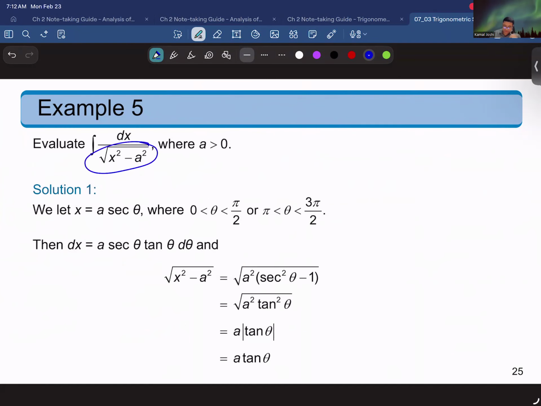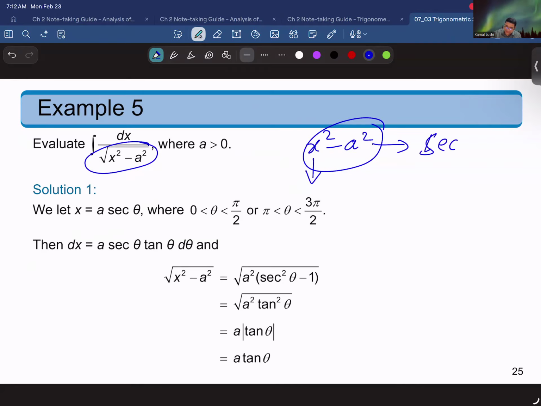And there is one more problem where we'll again use the trigonometric substitution, but at the end, once we get the answer, there is one more step we can simplify, which I will explain here. Firstly, you see x square minus a square. So naturally, you have to think of replacing x with something, right?